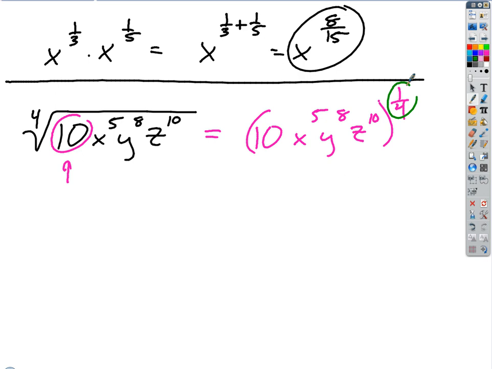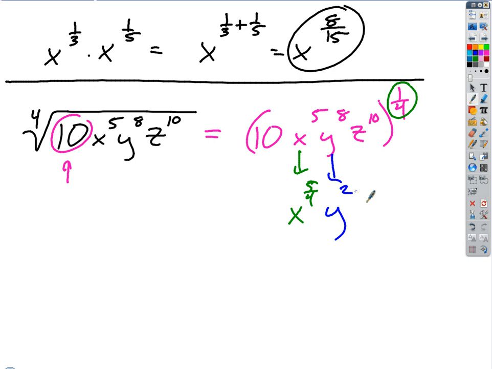So the x is going to become x to what power? If I multiply 5 by 1/4, what do I get? 5/4, right? What about the y? The y is going to become y squared, right? Because 8 divided by 4 is just plain old 2, it's an integer.